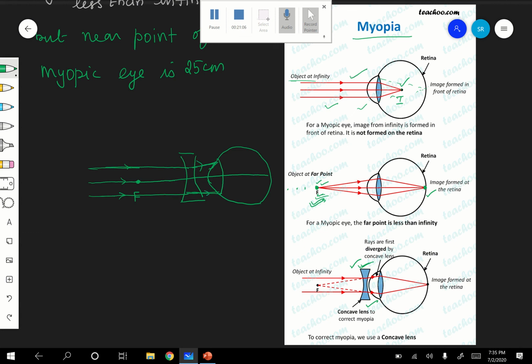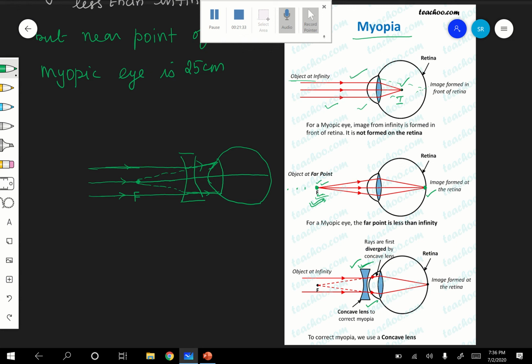Now, what does diverge mean? Parallel rays fall on the concave lens and are diverged. Therefore, if you extend these diverged rays in the opposite direction, where exactly do they meet? At the far point. Are you following? Listen to me very carefully.